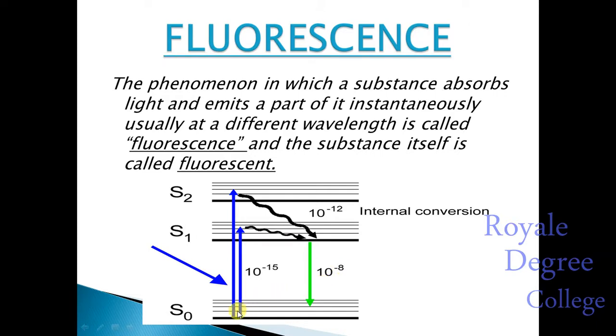Then from the singlet ground state, when it is moving up to the singlet second excited state, from singlet second excited state, it is showing the internal conversion within a wavelength range of 10 to the power minus 12. And again, it is coming back to the ground state with the wavelength range of 10 to the power minus 8.